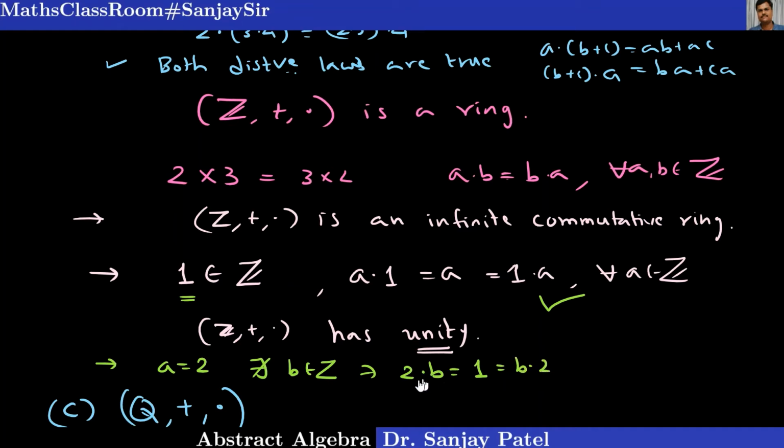Because for 2 into something to be equal to 1, that something should be 1 by 2, but 1 by 2 does not belong to Z. So 2 is not a unit.